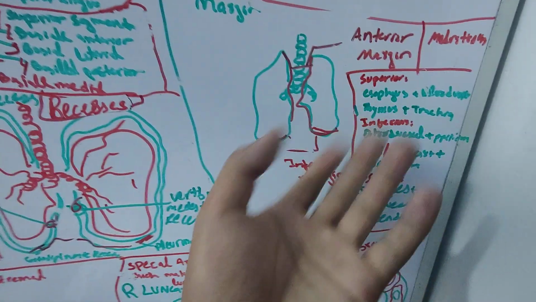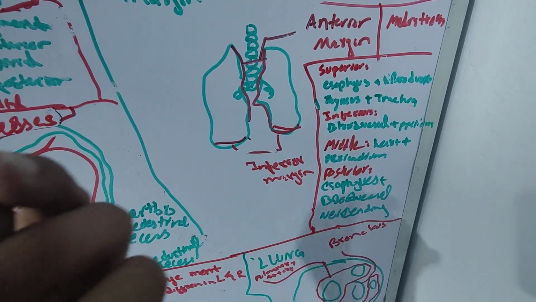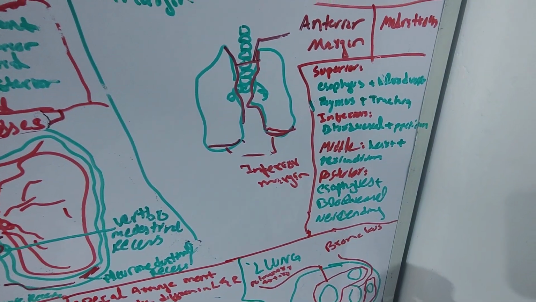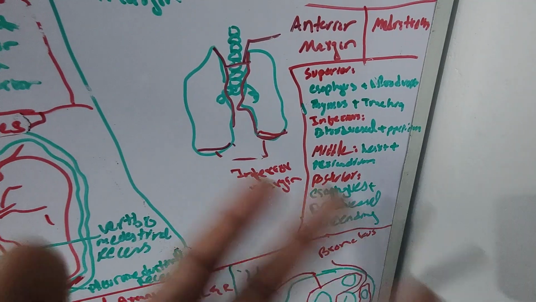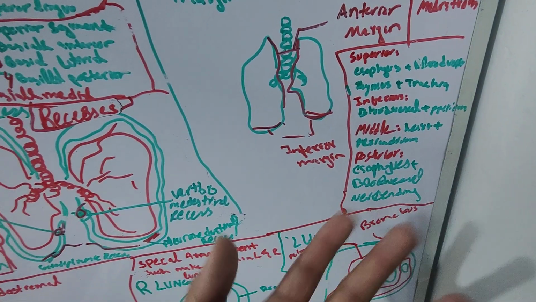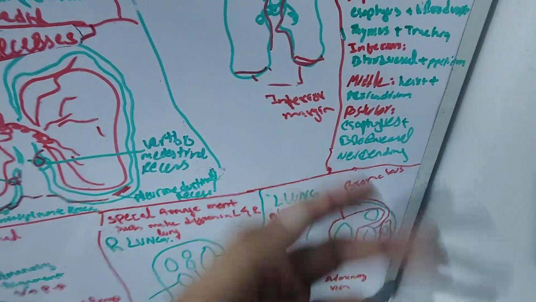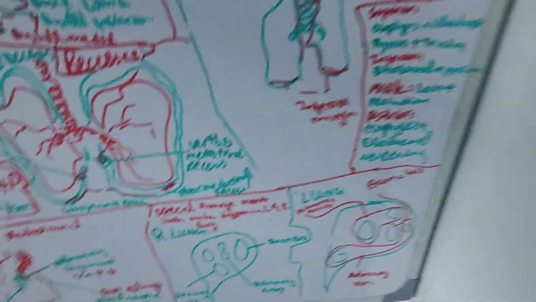Then we have the inferior mediastinum, which has blood vessels plus some part of the parenchyma. Then we have the middle mediastinum, which contains the heart. Then the 4th part is the posterior mediastinum, which contains the esophagus, blood vessels, and nerve endings.